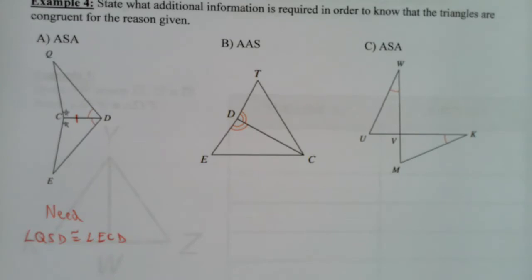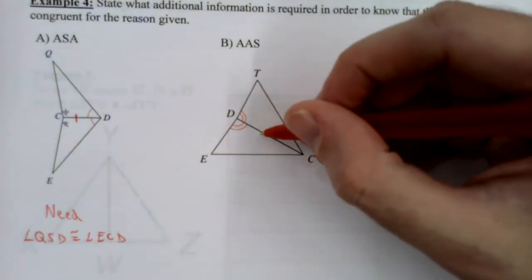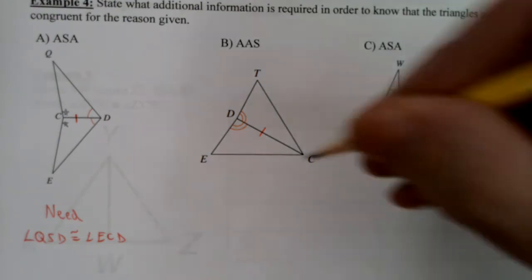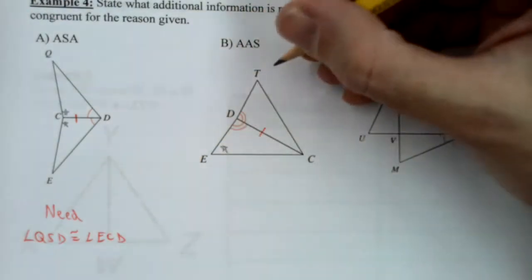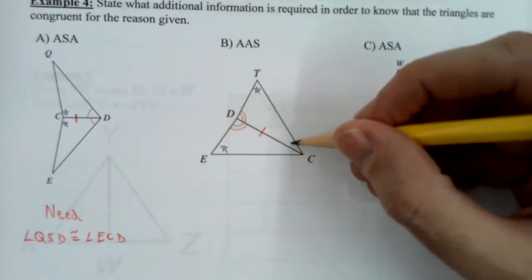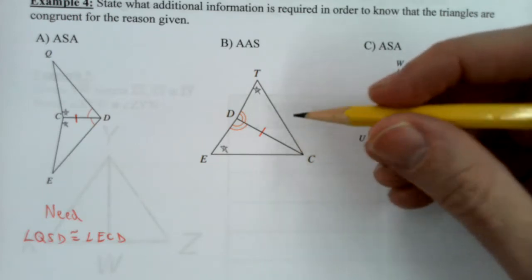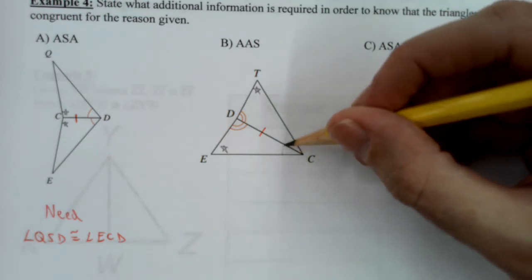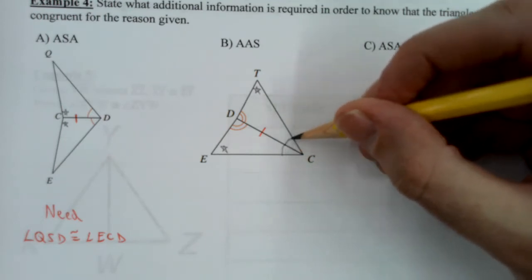Part B, angle, angle, side. Well, we know this side is in common to both, so we do not need that. But in order to have angle, angle, side, you need this angle with the star congruent to that angle with the star, not the other ones, because if you had these, then you'd have angle, side, angle. Suppose you knew this angle was congruent to this angle.